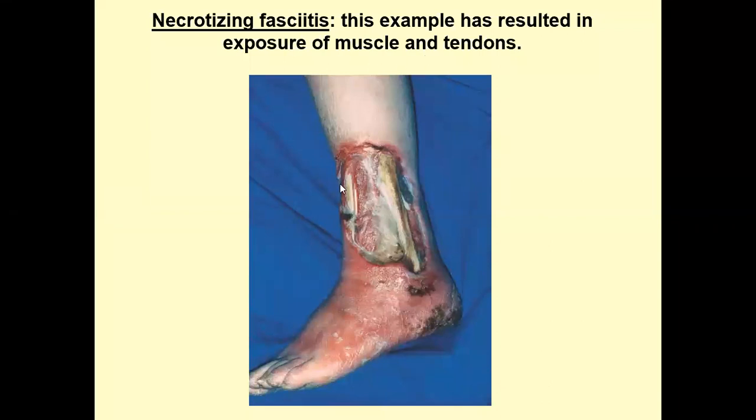Necrotizing fasciitis is a very serious kind of bacterial infection in which the bacterial load is more and the patient's immune response is poor, as a result of which the infection goes deep into the muscles and fascia.